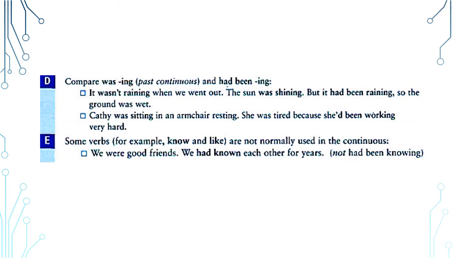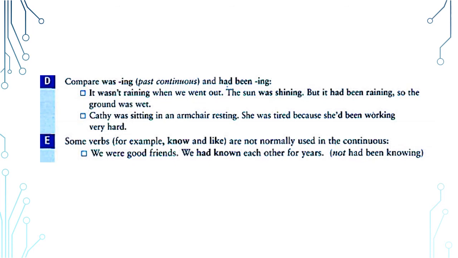Now, in this lecture, we have covered two tenses. We have talked about the past perfect continuous. We have compared it with the present perfect, with the past simple, and we talked about the differences between the present perfect continuous and the past perfect continuous.